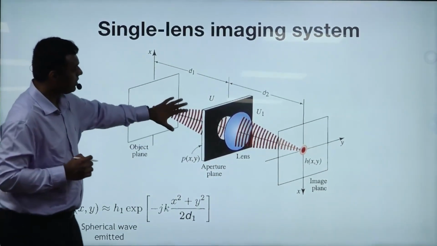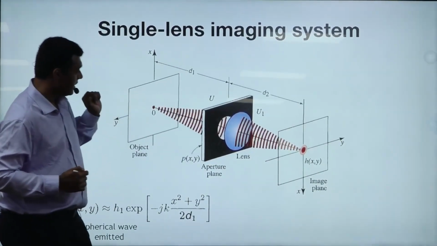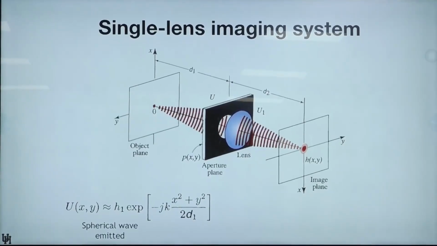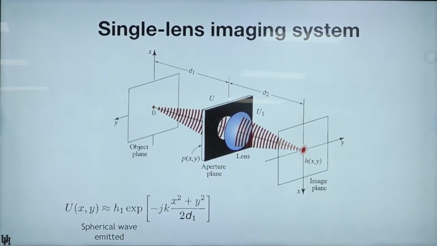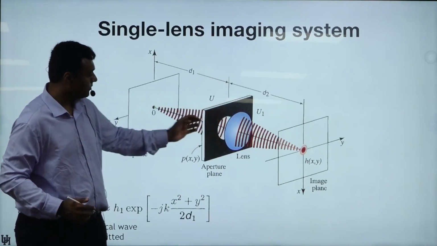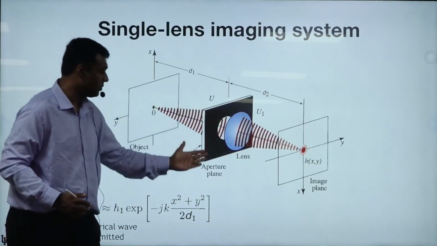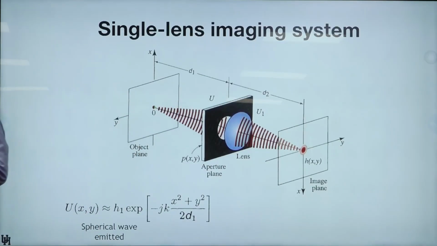So let's just look at a single lens. You have an object. In this case, I'm starting with something very simple, literally a point object which is emitting light in all directions. It's going towards this lens, and you put a screen, what's called an aperture, here. What is an aperture?